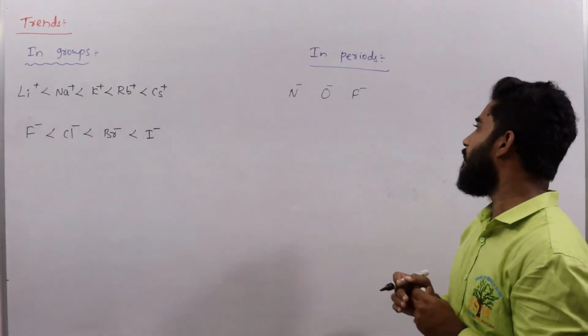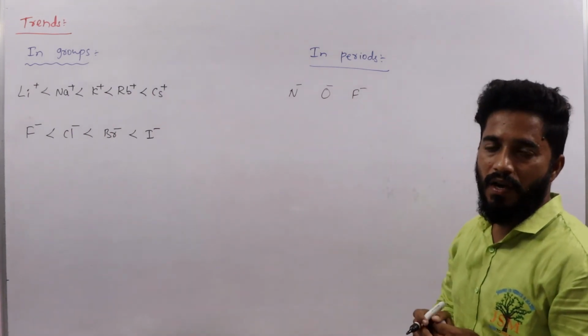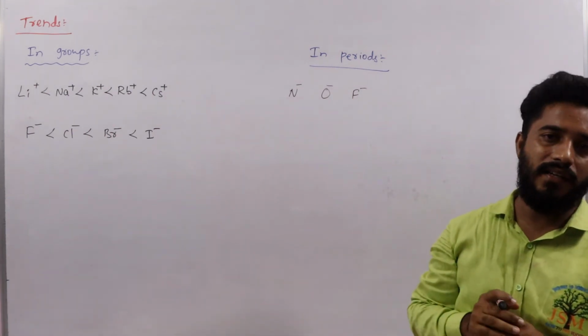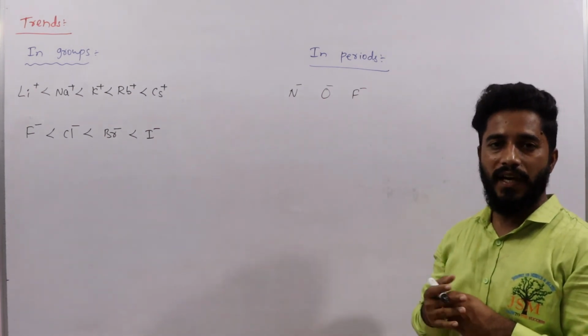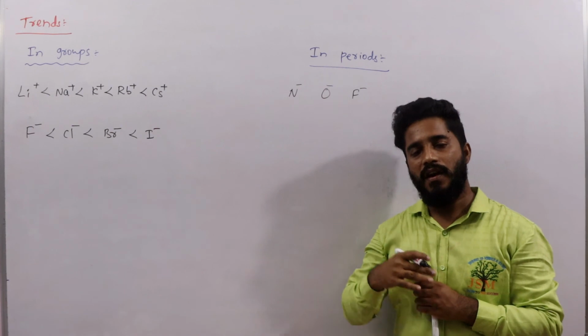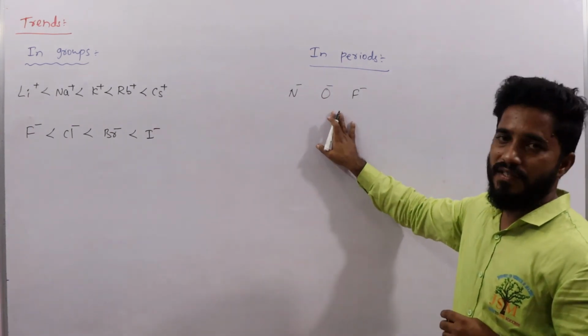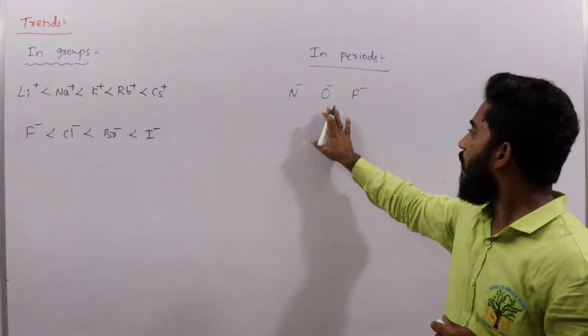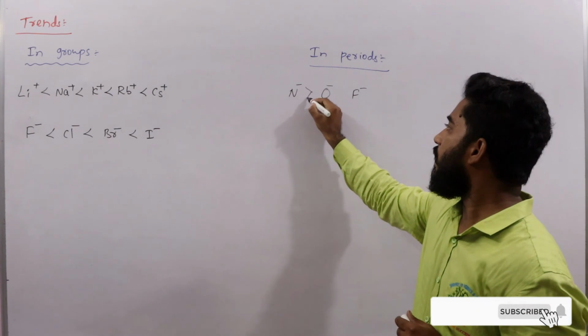When you observe here, from left to right in a period, ionic radius decreases, as we discussed for atomic radius. Atomic radius also decreases from left to right. In the same way, for anions with the same charge, ionic radius decreases from left to right.